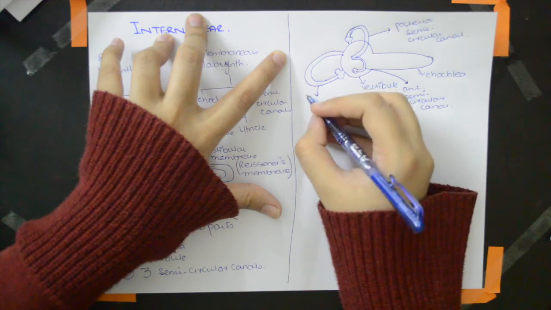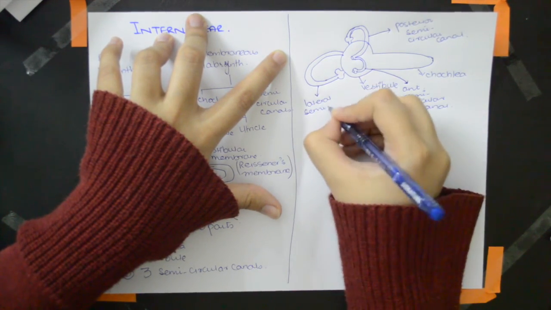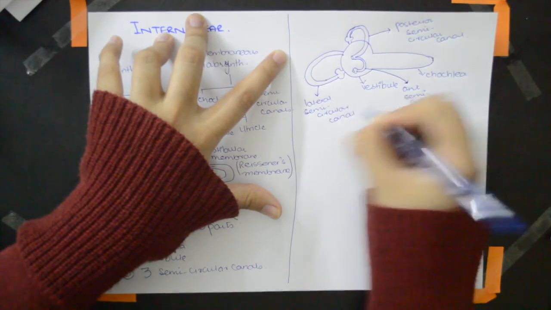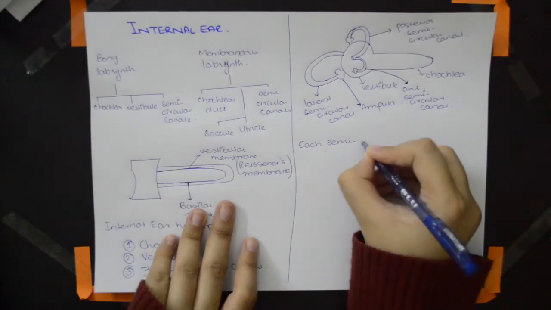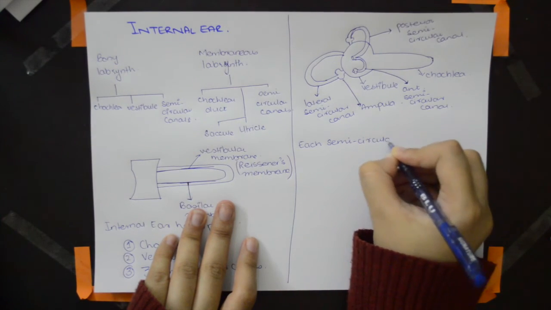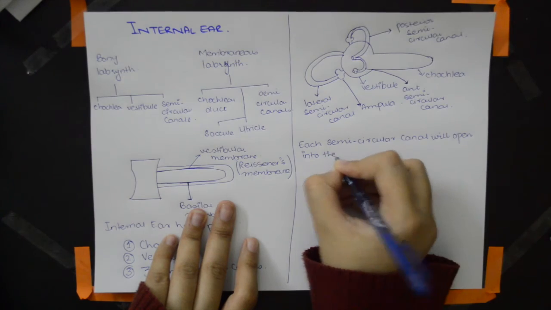And this is the lateral semicircular canal. This part is called the ampulla. Each semicircular canal will open into the vestibule.